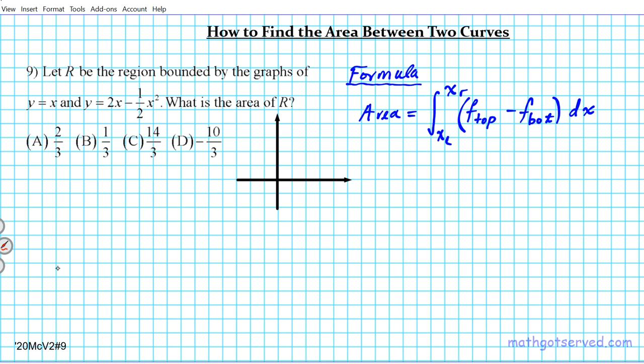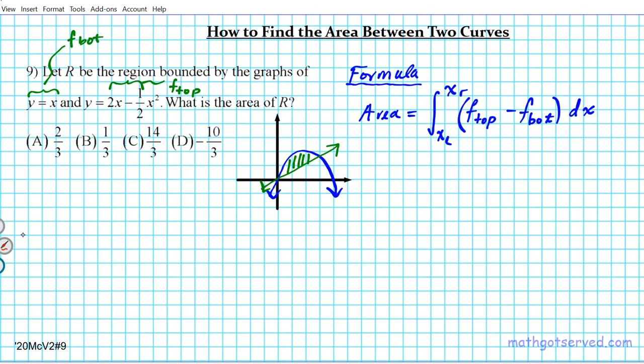Okay, so we have a quadratic function and a linear function. In order for them to bound a region, we need to have a function like this, the quadratic, and then we have a linear function. The linear function has to be underneath so that it can bound the region, or else it's not going to work. So it's implied here that the quadratic function is f top, on top, and the linear function is on the bottom, f bottom.